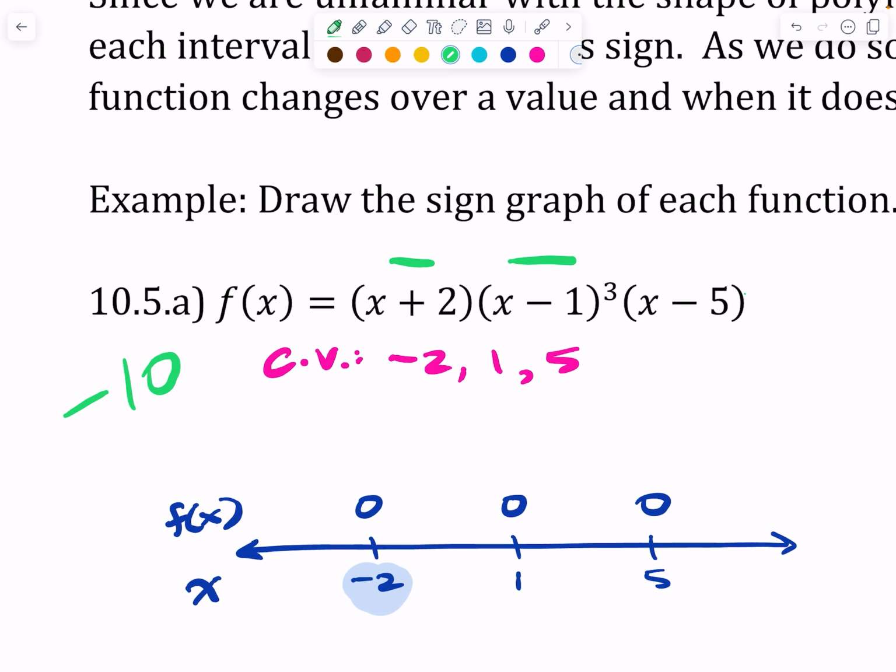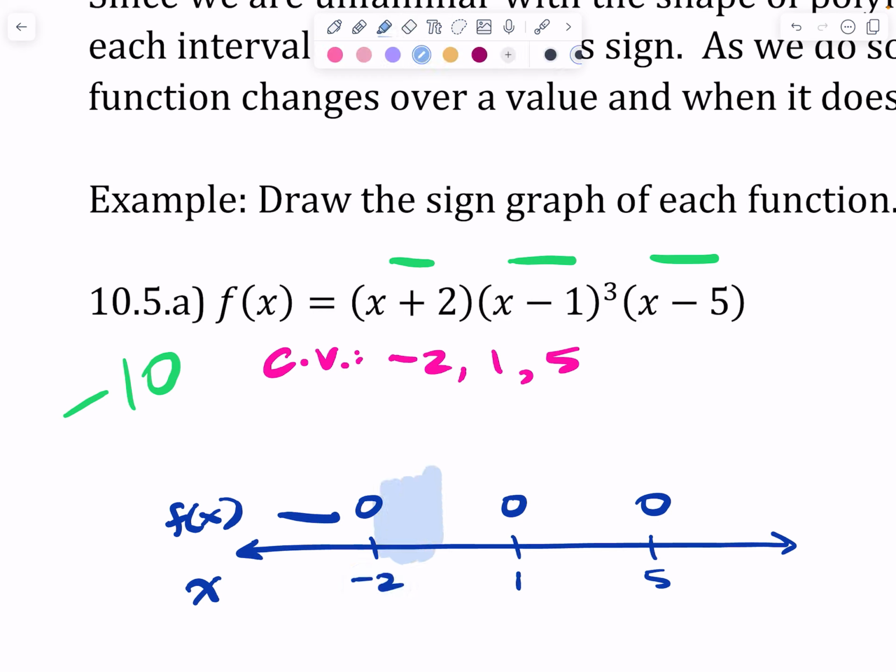And when x is -10, x minus 5 is -15, which is negative. And this whole product of x plus 2 times x minus 1 cubed times x minus 5 will be negative times negative times negative. And the product of three negative numbers is itself negative. So that's that first interval done.